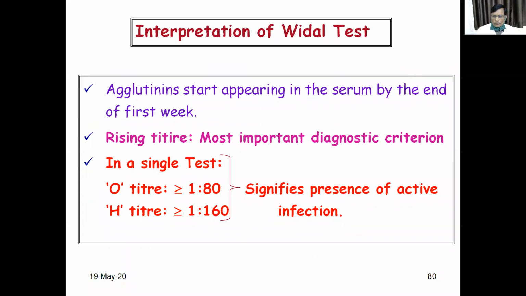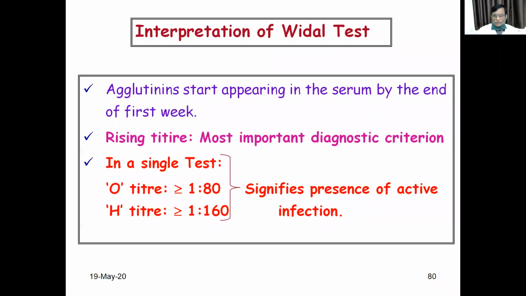Now, whenever you are going to confirm a significant titer, you should have a value of Salmonella titers in the community in healthy individuals. That will be taken as the baseline titer of that area. Anything more than that will be tested as positive.